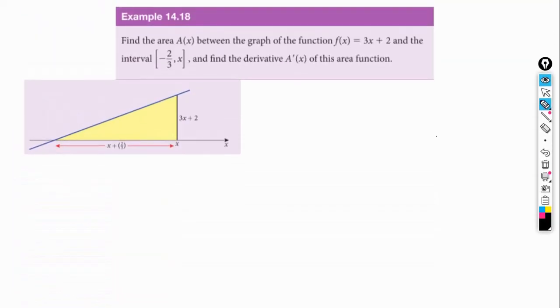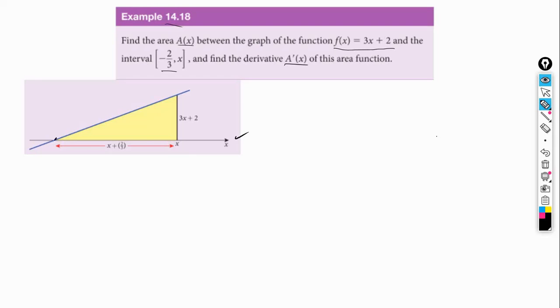Next we have example 14.18, and it says find the area A(x) between the graph of the function f(x) equals 3x plus 2 and the interval -2/3 comma x, and then find the derivative of this area function. This is the x-axis, as you can see here, and notice that the point -2/3 is right here.